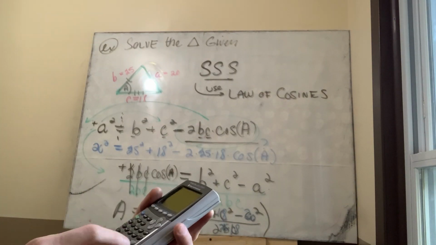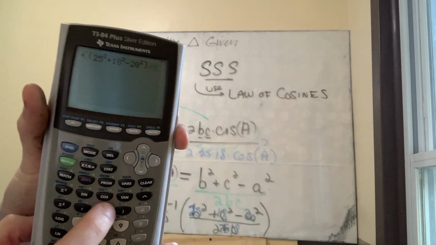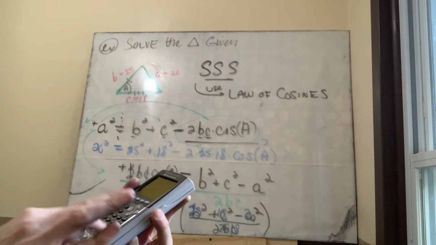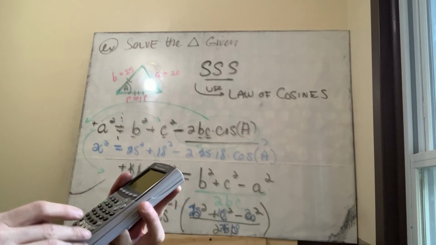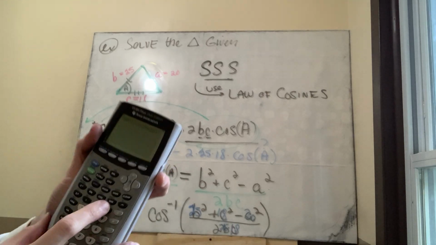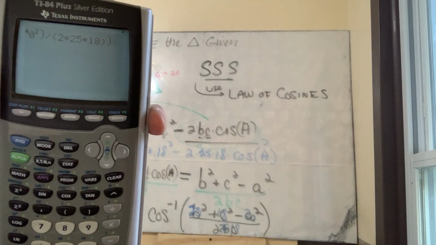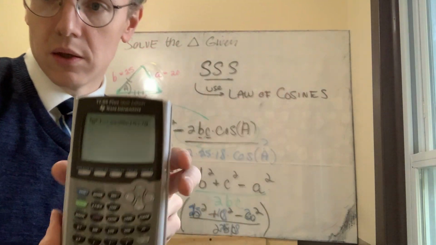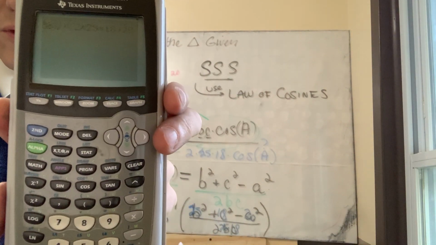And then divide by, again, use another parentheses to isolate the bottom, just not to confuse the calculator. 2 times 25 times 18. And then you can close the whole thing. If you get a syntax error, it just means that you didn't put enough parentheses, or maybe you put too many. All right, so what do you get?